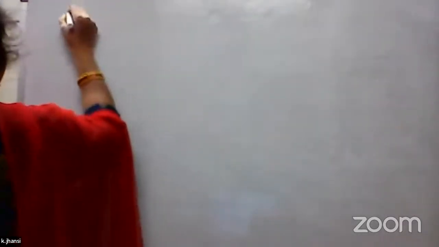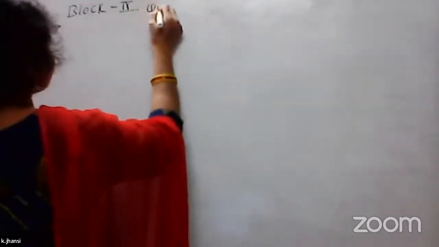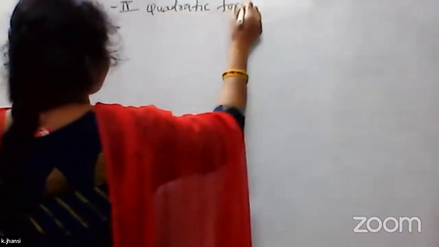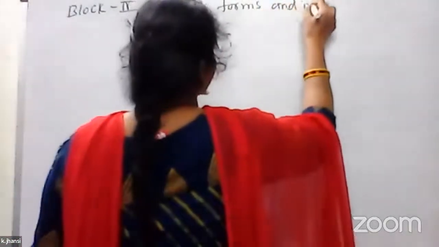So for quadratic forms, the 10th unit is somewhat related to the matrices only. Quadratic forms and inner product space.